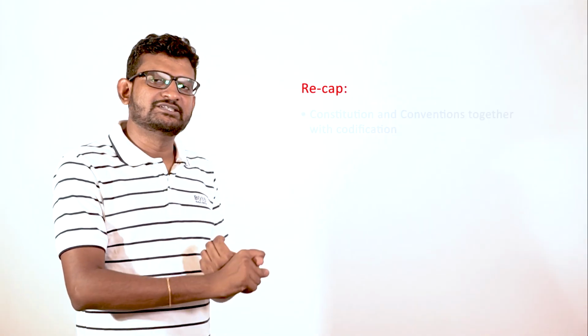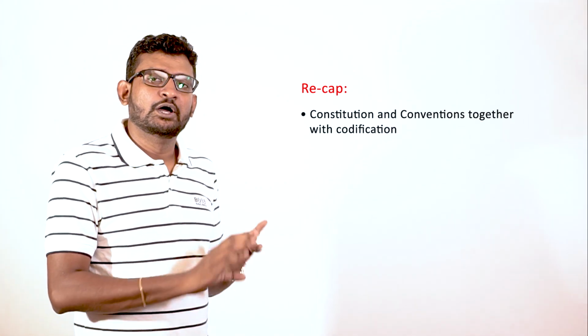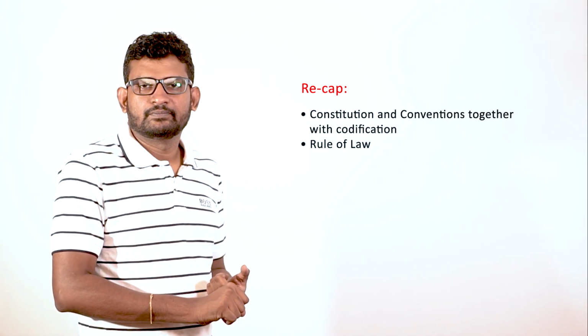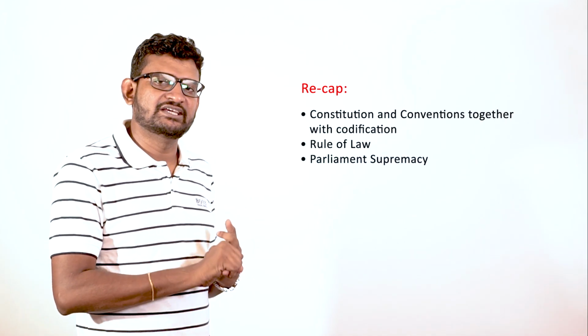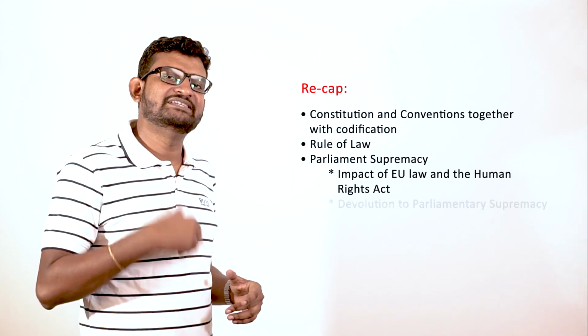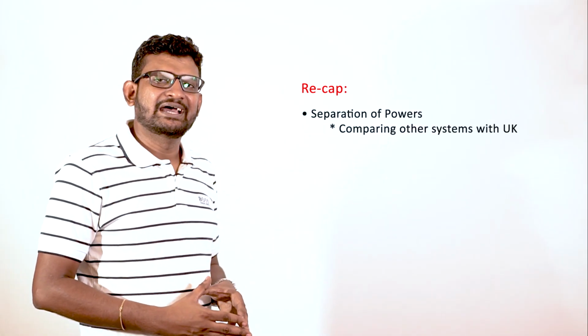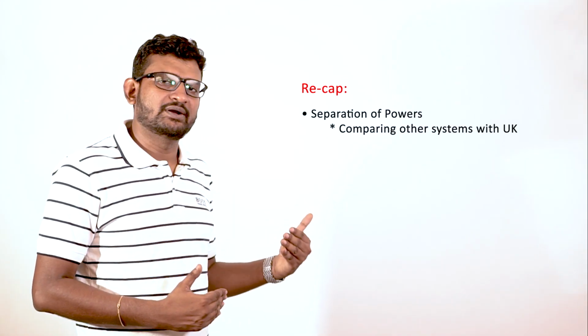So these are the areas I would like you to focus on for the exam. The constitution and the conventions with a focus on codification, rule of law, parliamentary supremacy and the impact of EU law and the Human Rights Act, and even devolution. Separation of power in the UK, how separate is this? What is the level of fusion?